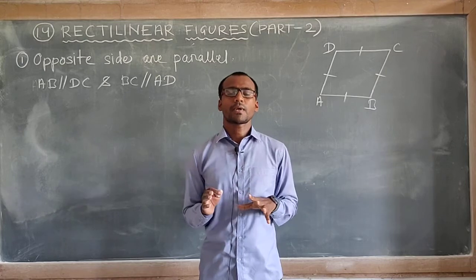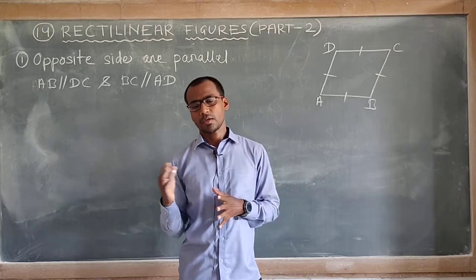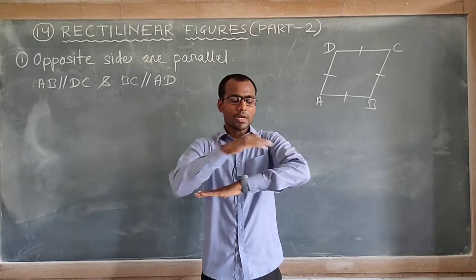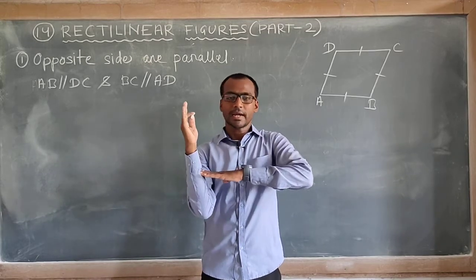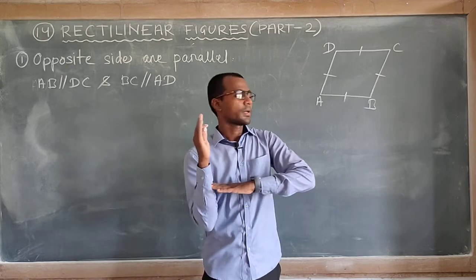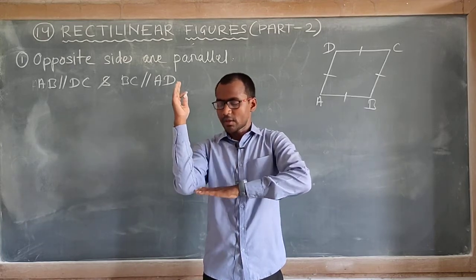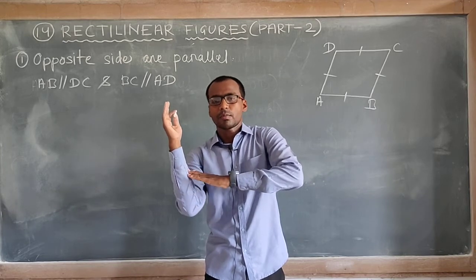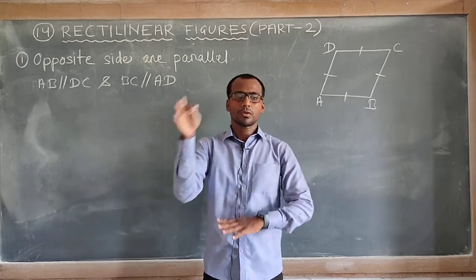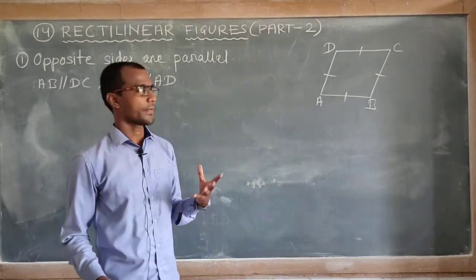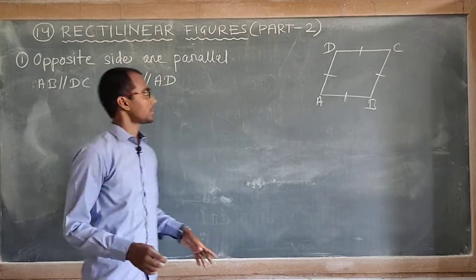The only difference between a parallelogram and a rhombus is that in case of a parallelogram, the adjacent sides are not equal. One side is longer, the adjacent side will be shorter. But if the adjacent sides become equal, all the sides become equal and it becomes a rhombus. So this is the only difference between a parallelogram and a rhombus.